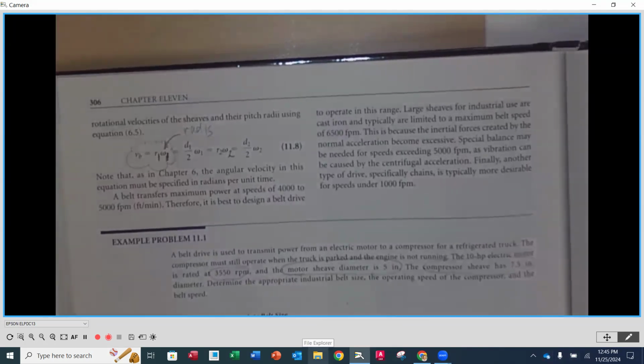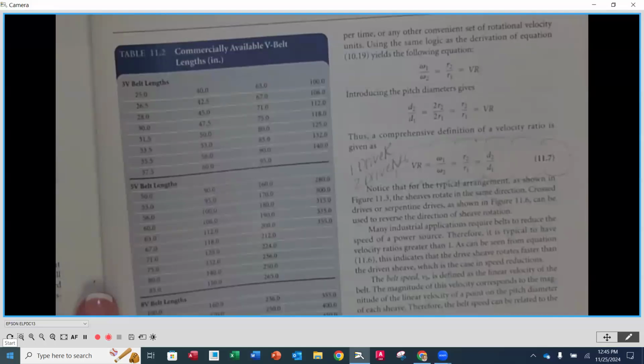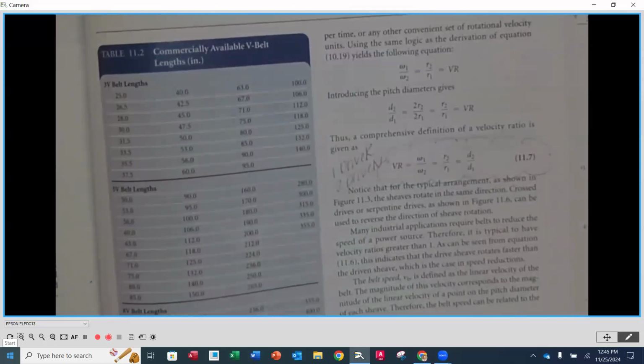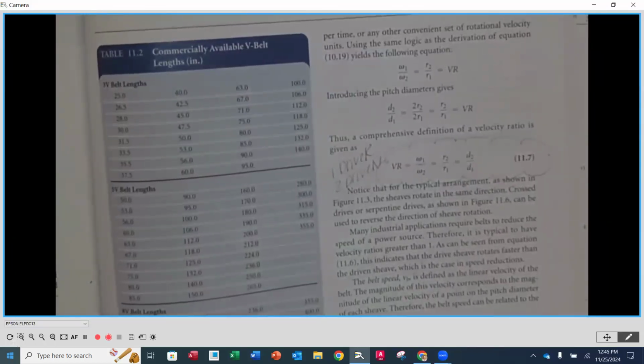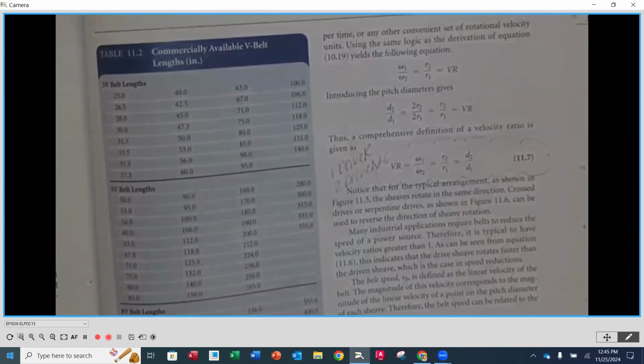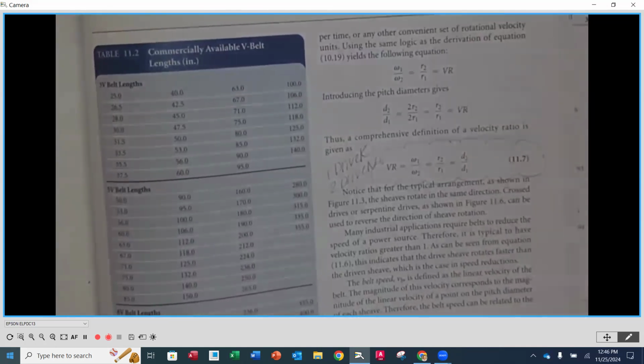The last thing I want to cover before we look at our example is you're going to notice that table 11.2 on page 305. Here's another table of commercially available V-belts, but this is by the V-belt length itself. So the V-belt is going to come in a continuous belt.